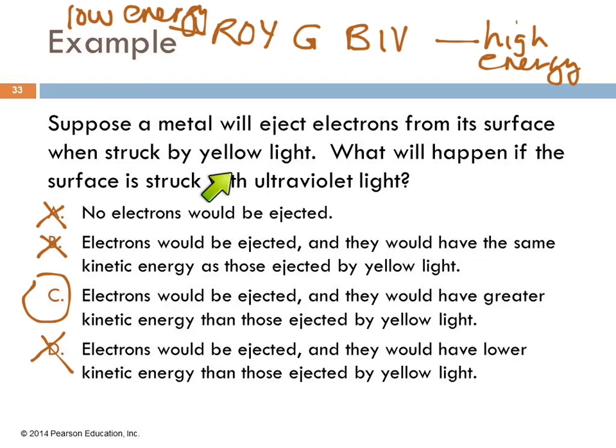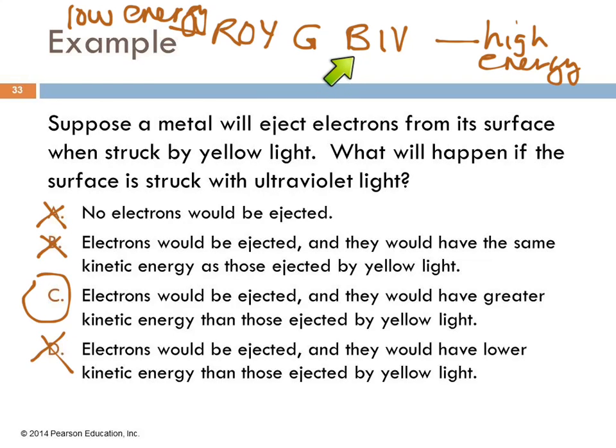So here we've got photons of ultraviolet light, more energy than what is needed as a minimum. Yellow light's the minimum. The energy of the yellow light is that binding energy of the electron. So when we use a photon that has more energy, the electrons come off and they have kinetic energy. What if we used blue light?